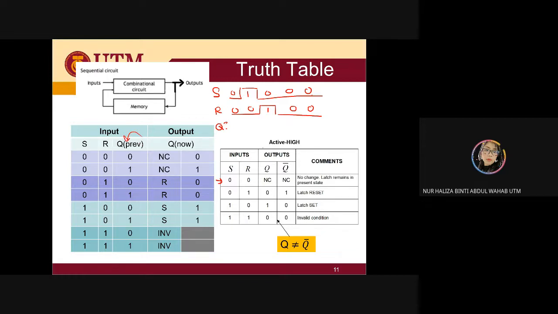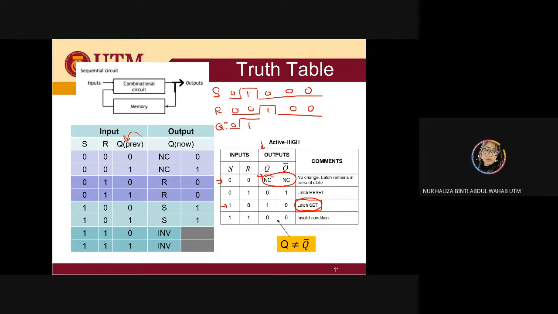We will know that with 0 and 0, there is no change at all for our previous output, so this one needs to look into the previous output. But for 1, 0 here, let's say our Q is starting from 0. Now we're going to have a set. Set will trigger it to be 1.